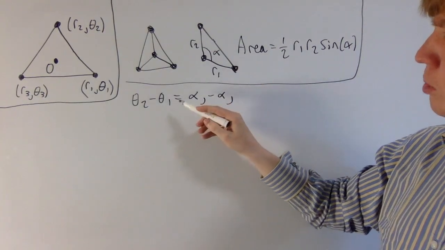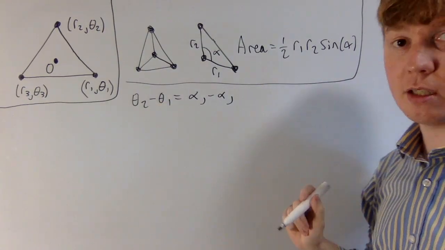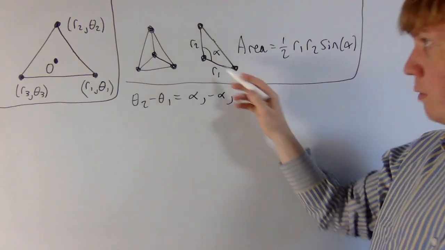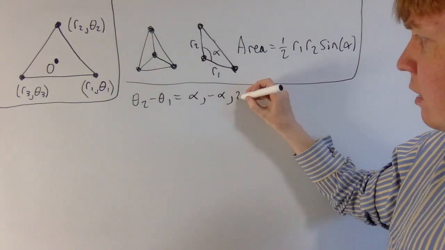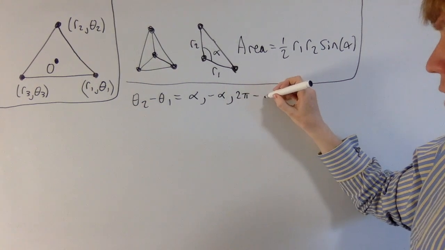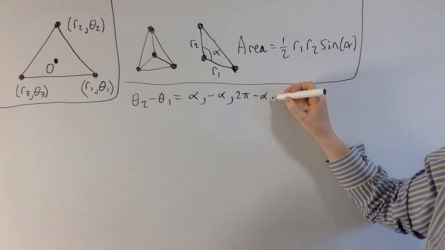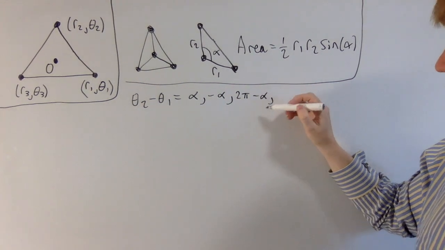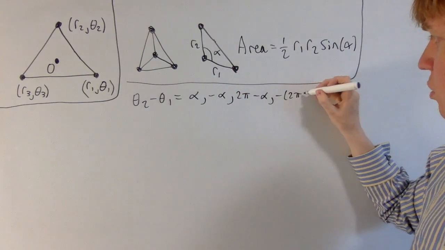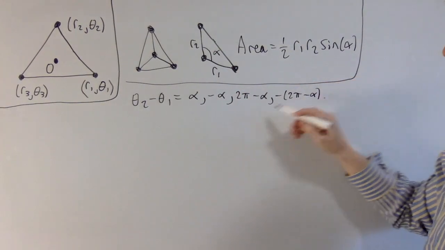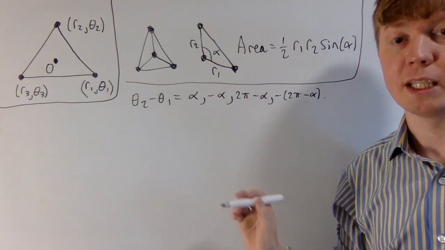Another problem is we could end up with the reflex angle on the outside of our triangle, which is not what we want. So you could get 360 degrees minus alpha or 2 pi radians minus alpha. And the final problem you could get is the negative of the reflex angle, so minus 2 pi minus alpha could be your value when you calculate θ2 minus θ1.